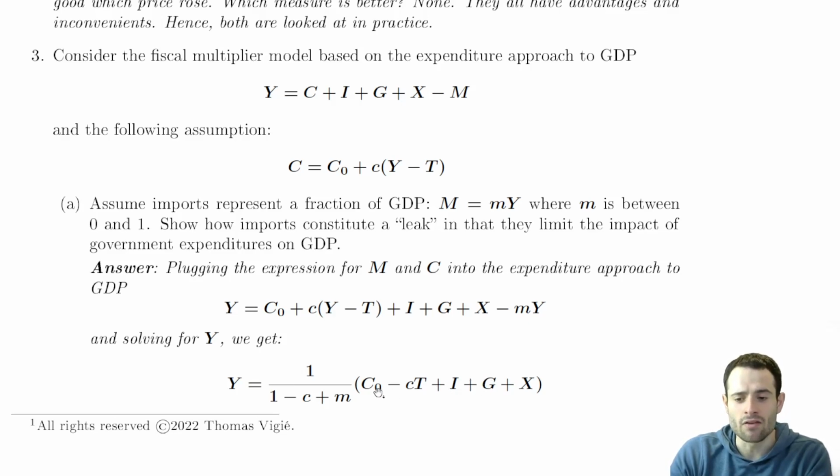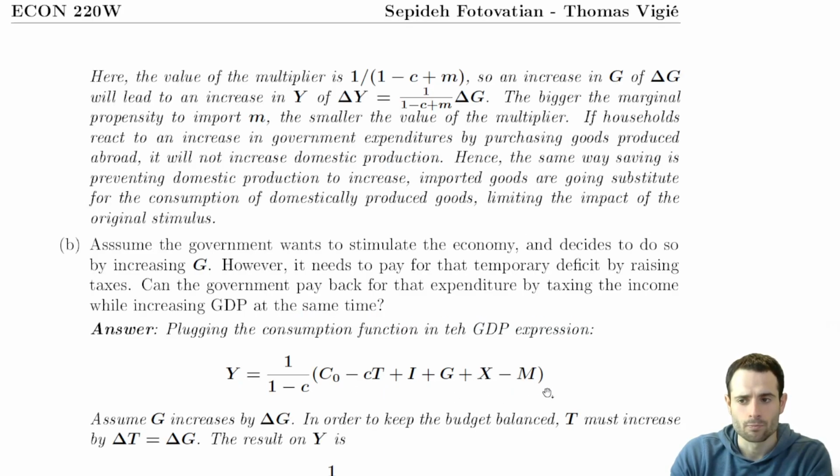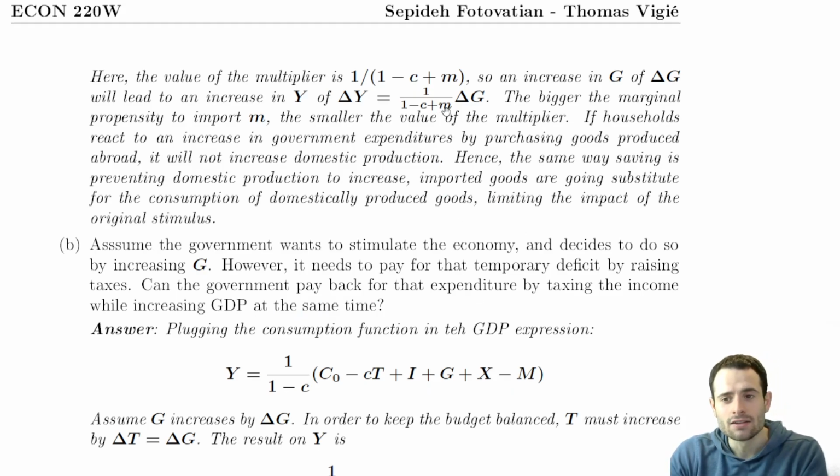We are assuming that everything else is constant, so nothing else will change. Note that when little m is high, this whole number at the bottom of the fraction is higher. And since it's a number at the bottom of a fraction, the fraction itself will get smaller. The multiplier will be smaller the bigger the marginal propensity to import m.